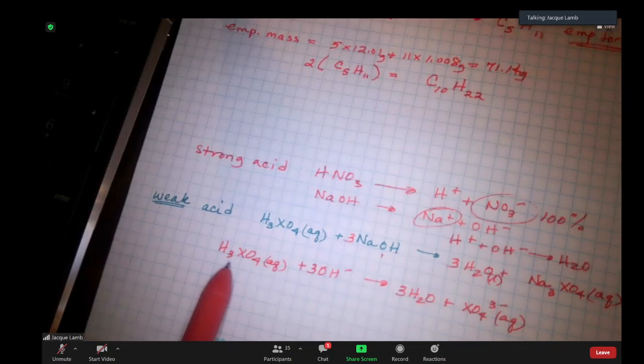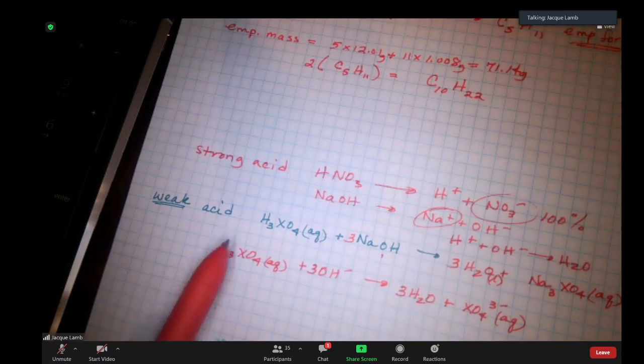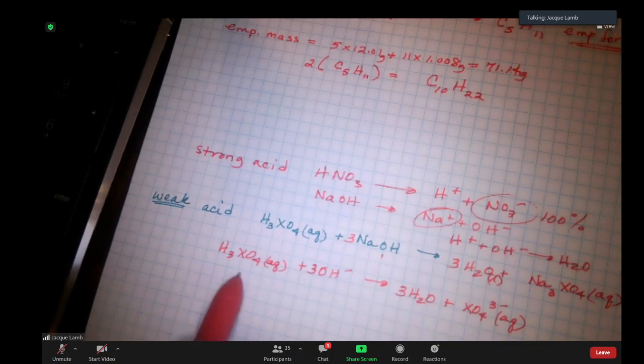The other problem that a number of people had was if you were asked the charge on the ion, and many of you gave me formal charge on X. You were confusing formal charge with charge. The charge on XO4 is 3 minus. I don't need formal charge on the X. I want to know the charge on this entire species. And I know that because there are 3 hydrogens here.